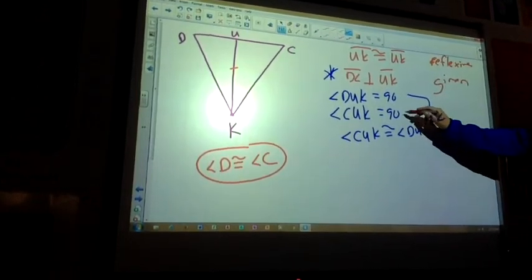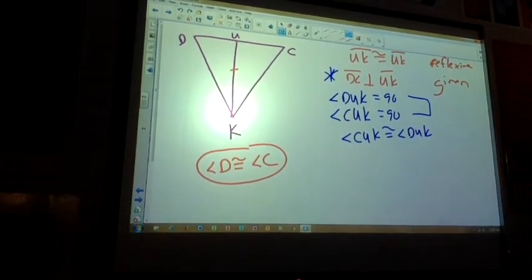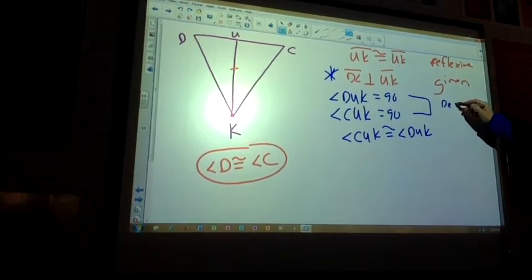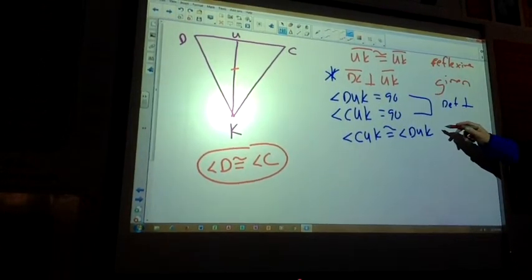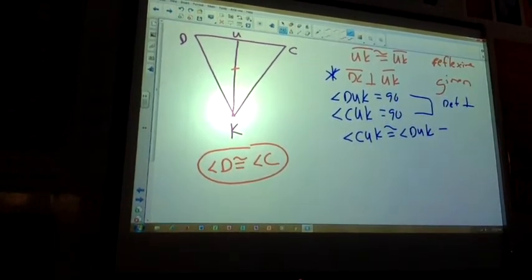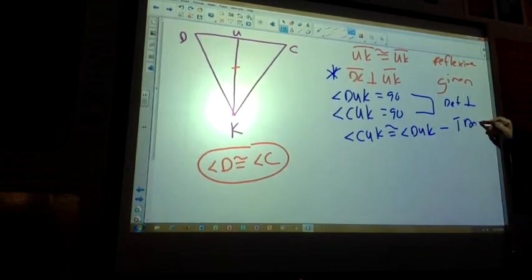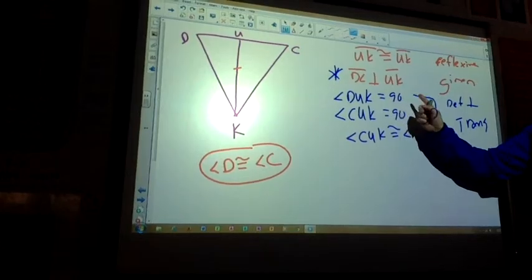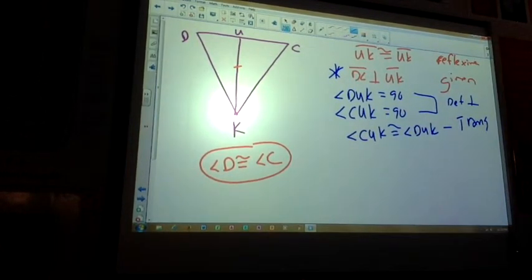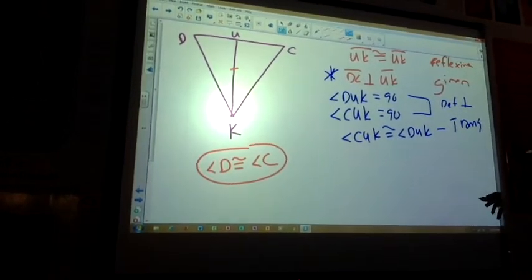Okay? Why? Definition of perpendicular. Okay? Why can I state this then? Substitution or transitive. I'd probably stick with transitive because you have three things. So transitive would work. So that's a good go-to.